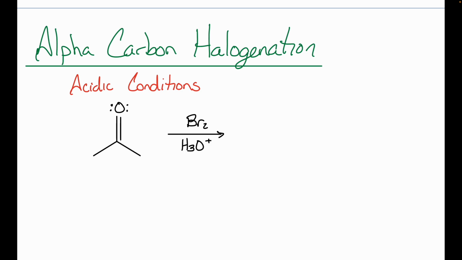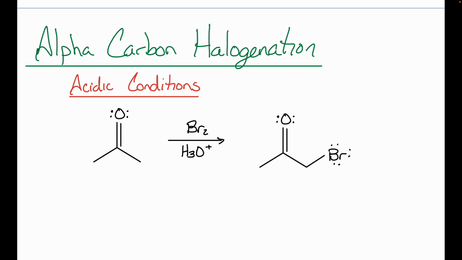We're going to halogenate this ketone here, but specifically at that alpha carbon. So under acidic conditions, if we have our ketone in the presence of a halogen like bromine, we're going to see a reaction between our ketone and our bromine at that alpha carbon, where we halogenate that alpha carbon position.